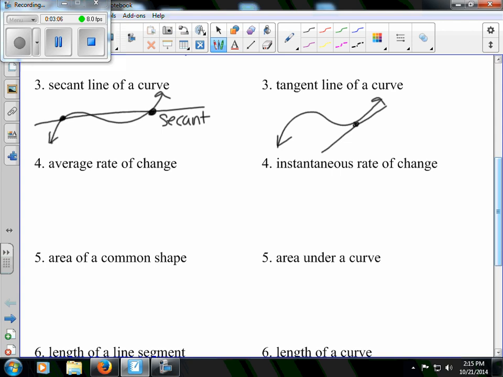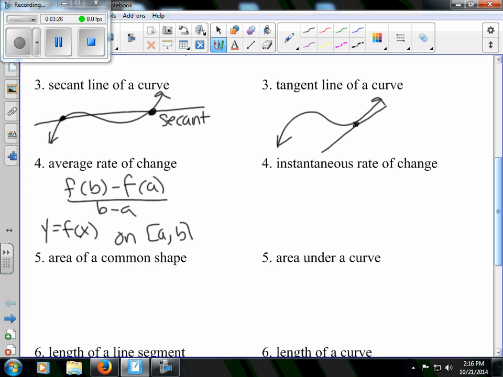Additionally, we have average rate of change. Average rate of change of a function is the change in the y values over the change in the x values. So you will talk about that as f of b minus f of a over b minus a, where your function is the y values, and you'll talk about on an interval from one specific x value a to another specific x value b. Whereas in calculus, we'll talk about what's the instant rate of change.